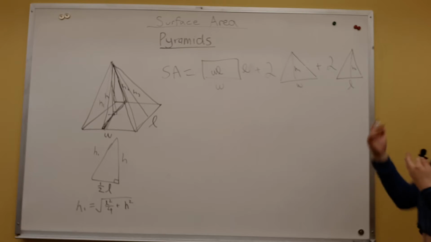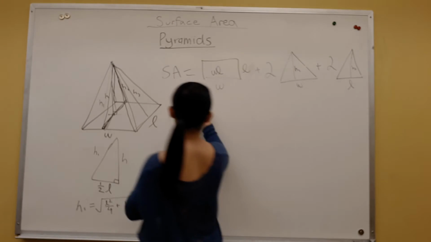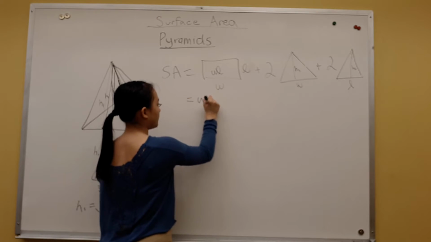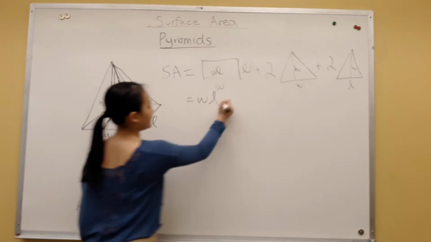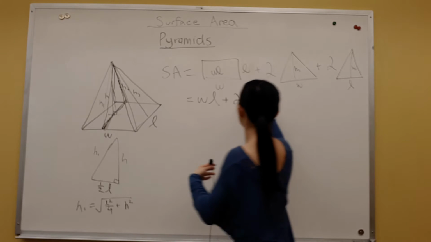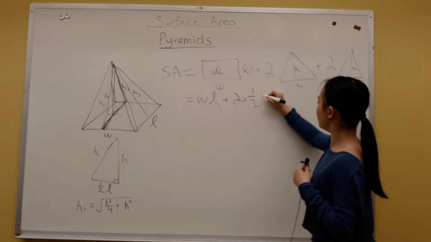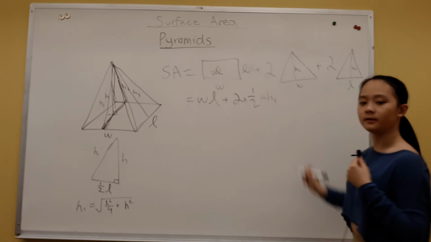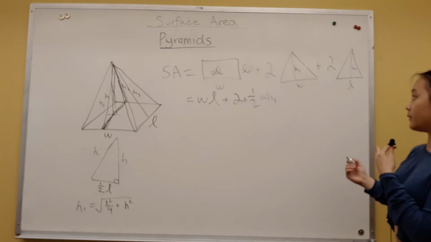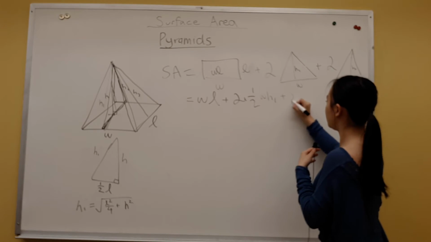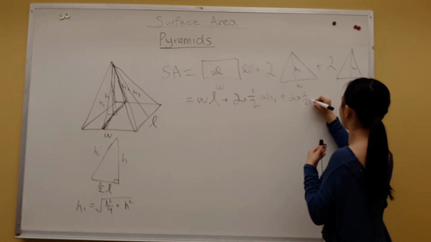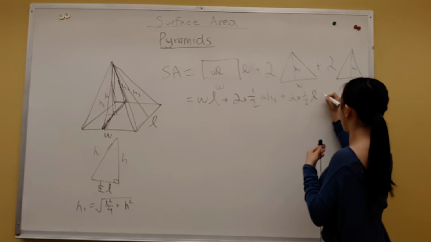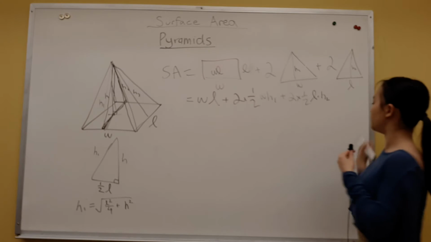So to summarize it, the surface area of the pyramid would be equal to WL for the rectangular shape on the bottom, plus 2 times 1/2 of W times h1, the standard formula for the area of a triangle, plus 2 times 1/2 of L times h2.